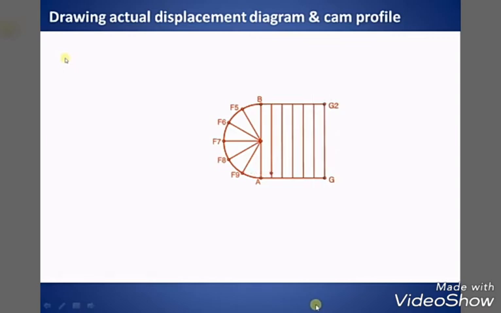So this is projected on the first line, this is on the next line, this is on the next line, and like this. Now draw the straight lines from the corresponding points up to this particular point which we have just now projected.